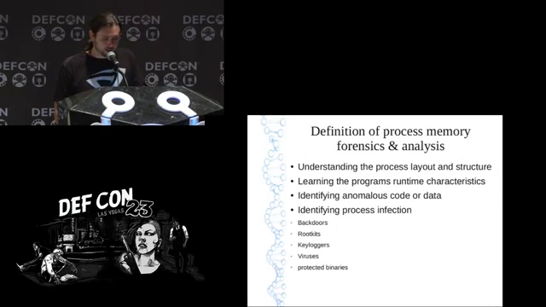Typically, forensics analysts want to identify anomalous code or data, and there are many different ways to do that. ECFS actually does a lot of heuristics on the back end, and we'll see that. It does a lot of the work for us, but ultimately we want to identify process infection, which could be a backdoor, rootkits like Azazel or Jynx, keyloggers, memory resident viruses, or even a virus that infected the binary but then shows up in memory.